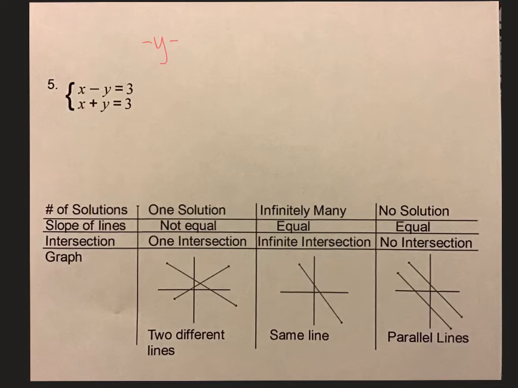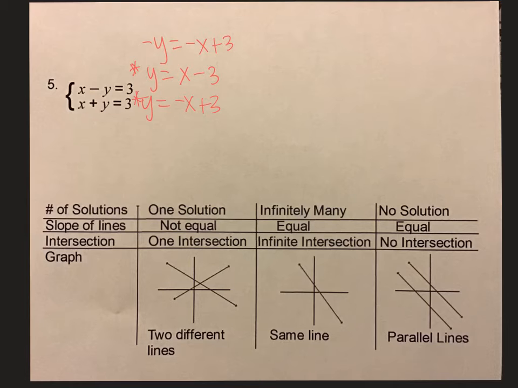So I have negative y equals negative x plus 3. And then I'm going to divide by a negative on both sides so that I'm using y equals x minus 3. And then for the second equation to get y by itself, I just have to subtract an x on both sides.